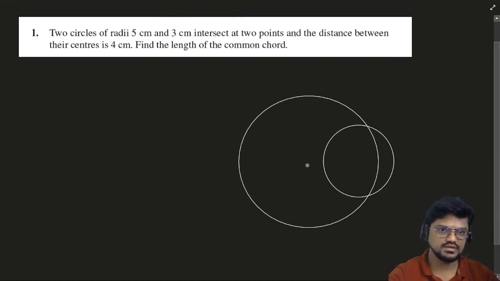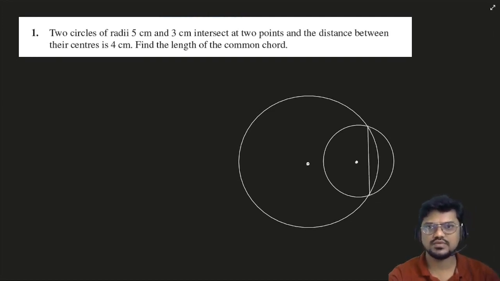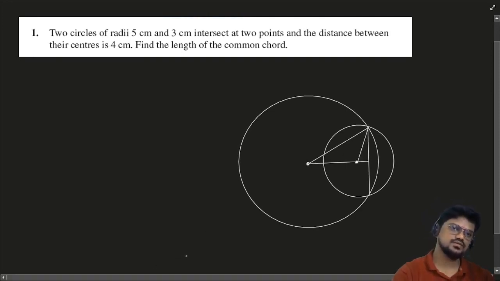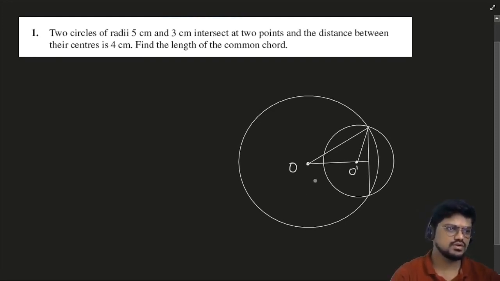If this is the center, and this is the center of this, and this is the point of intersection, and if I draw a line from here to here, this will be the radius of the bigger circle, this will be the radius of the smaller circle. Now it is fine. Let's say this is O, this will be O dash. After that, this is A, this is B, and this is C.